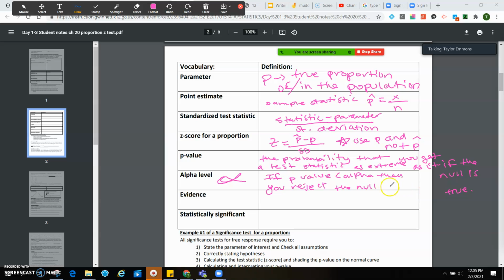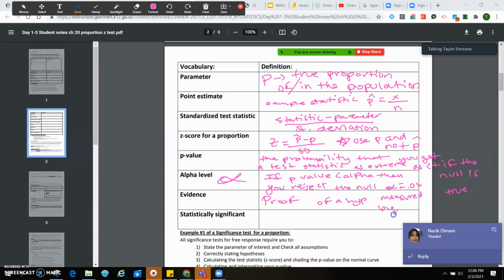And normally your alpha is probably something around 0.01 or 0.05. Sometimes it can be 0.1. For evidence, that's proof of a hypothesis measured by p-value.